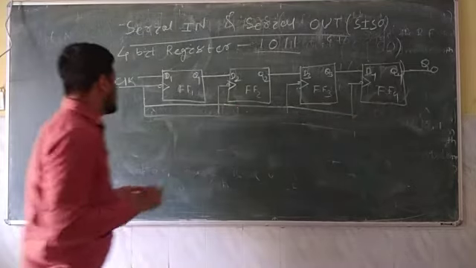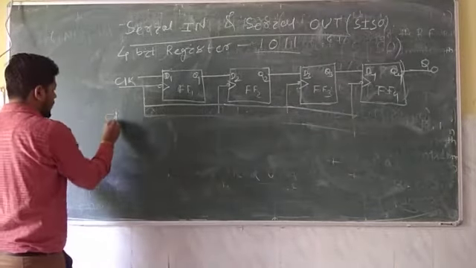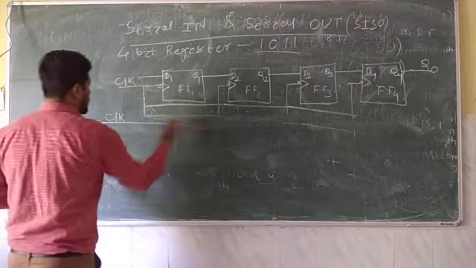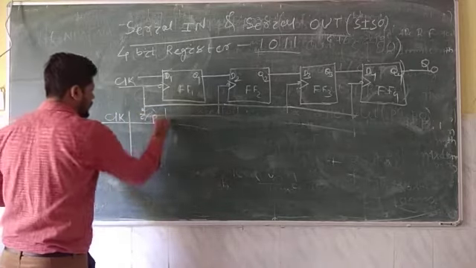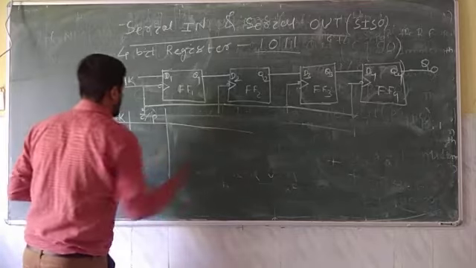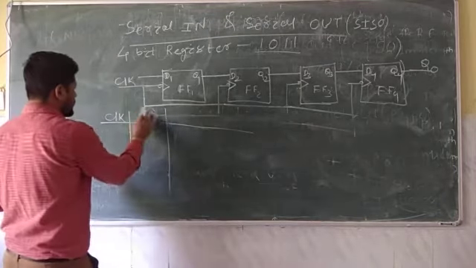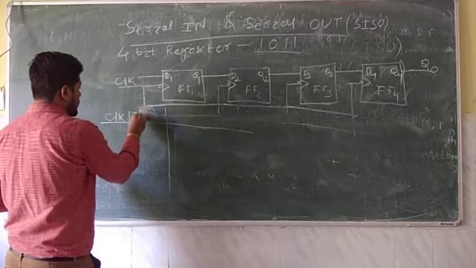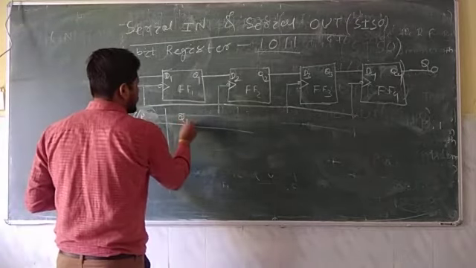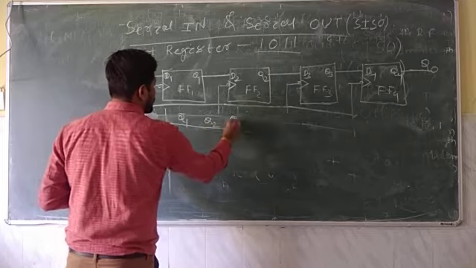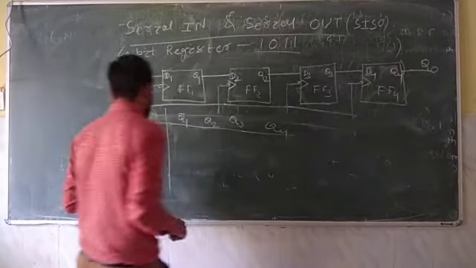For the table we have the clock, the input, and the outputs Q1, Q2, Q3 and Q4.